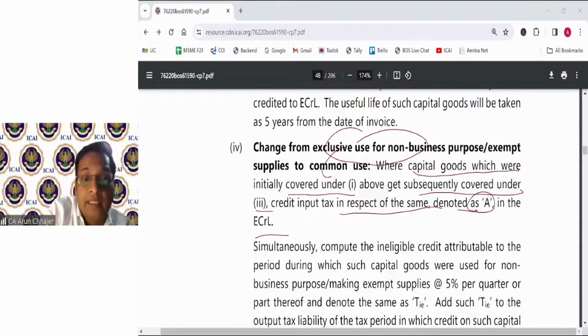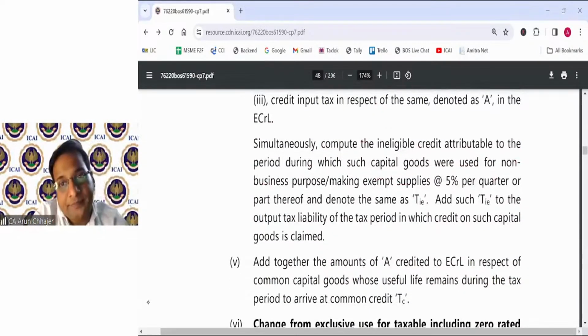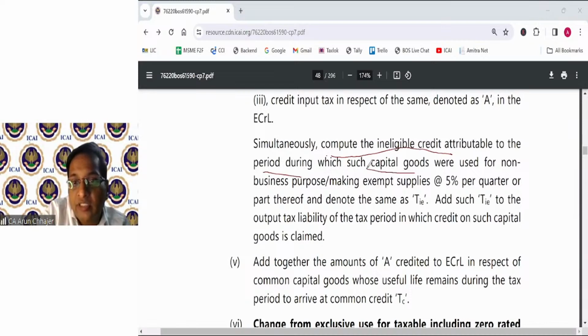Simultaneously compute the ineligible credit attributable to the period during which such capital goods were used for the non-business or making exempt supply.